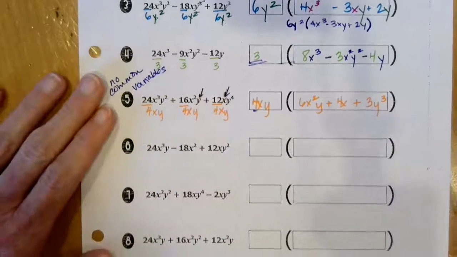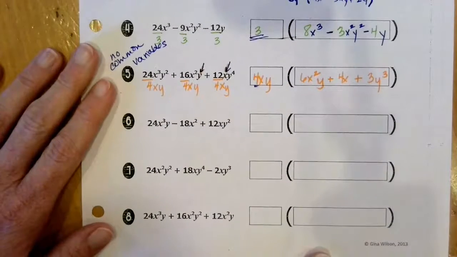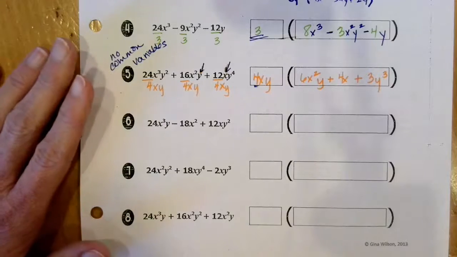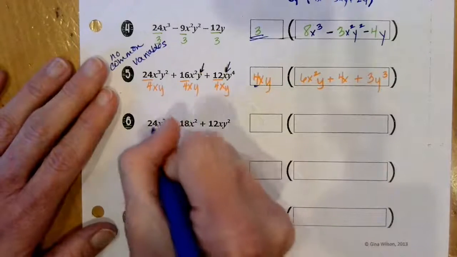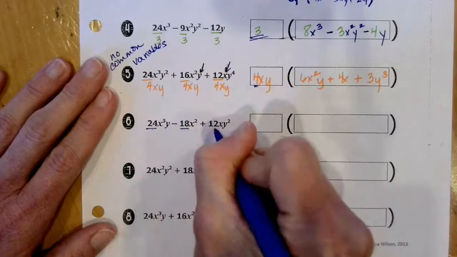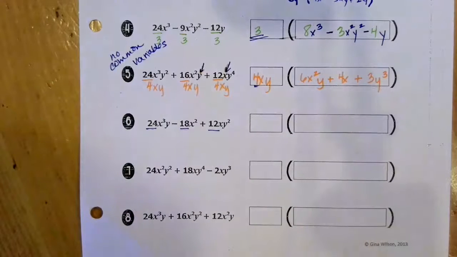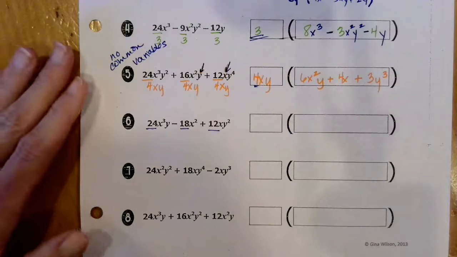All right, I hope you're getting the hang of this. Go ahead and take a look at 6 and tell me if you can tell right away. Try not to use Desmos because I think we've used this one before with 24, 18, and 12. Go ahead and take a look at number 3 and see if you can find the greatest common factor.